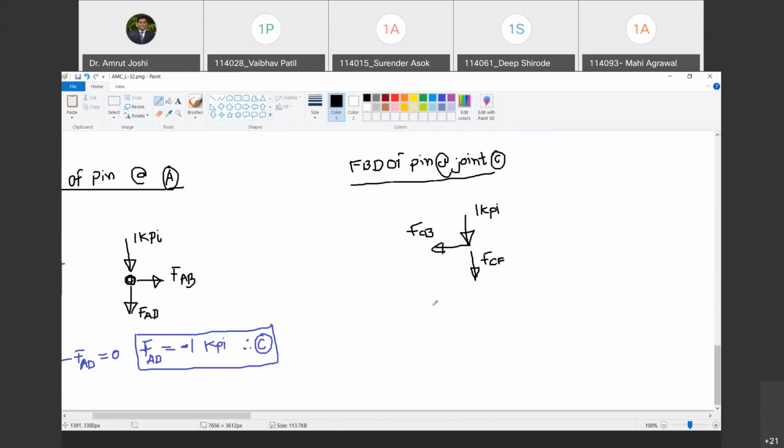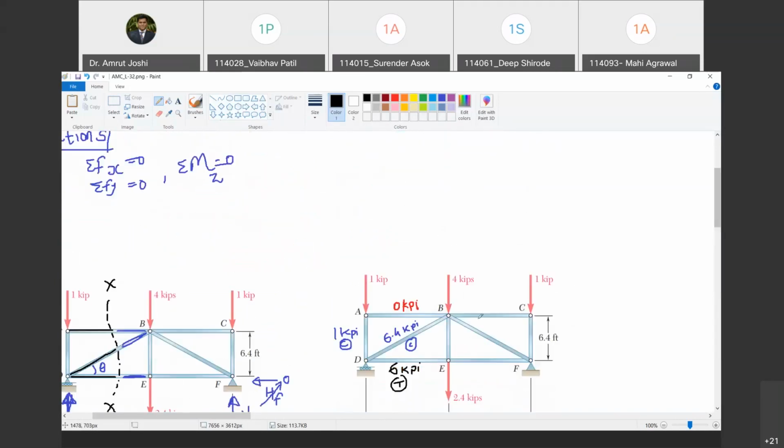Similarly, summation Fx equal to 0 gives me force in member CB equal to 0. Happy? Yes, sir. So force in member CB is 0. That I am going to write down here.